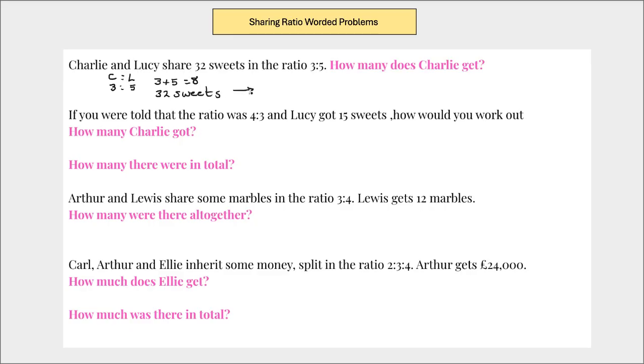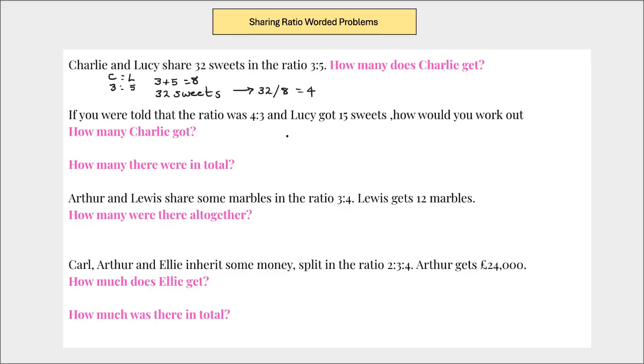What do you think we do? We're not going to times it because that would make it more than 32 sweets, wouldn't it? So we're going to divide. So we're going to divide 32 divided by 8, which gives us 4.